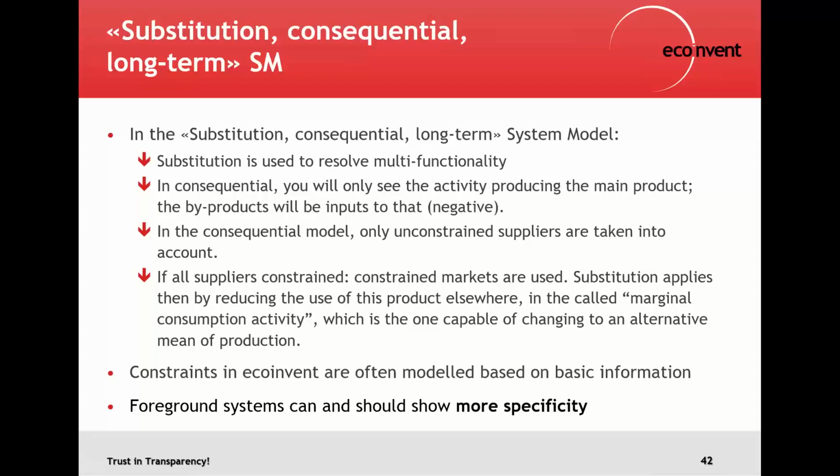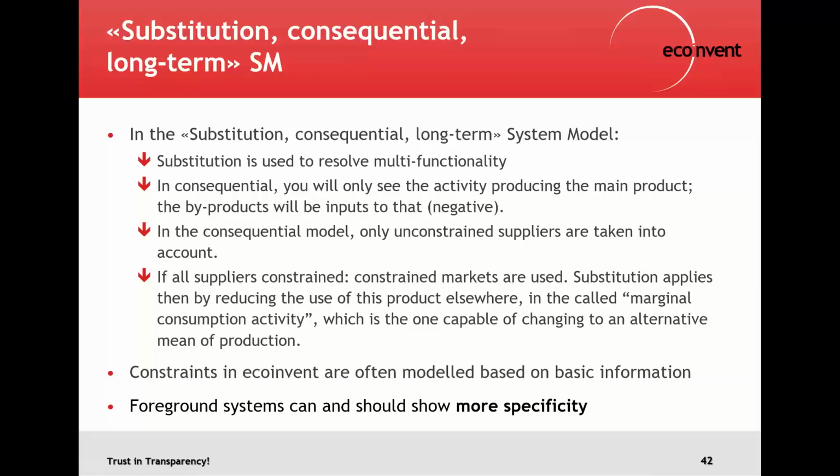In the consequential model, only unconstrained suppliers are taken into account. And if all suppliers are constrained, then constrained markets are used. In that case, substitution is applied by reducing the use of this product elsewhere, which would be called the marginal consumption activity.